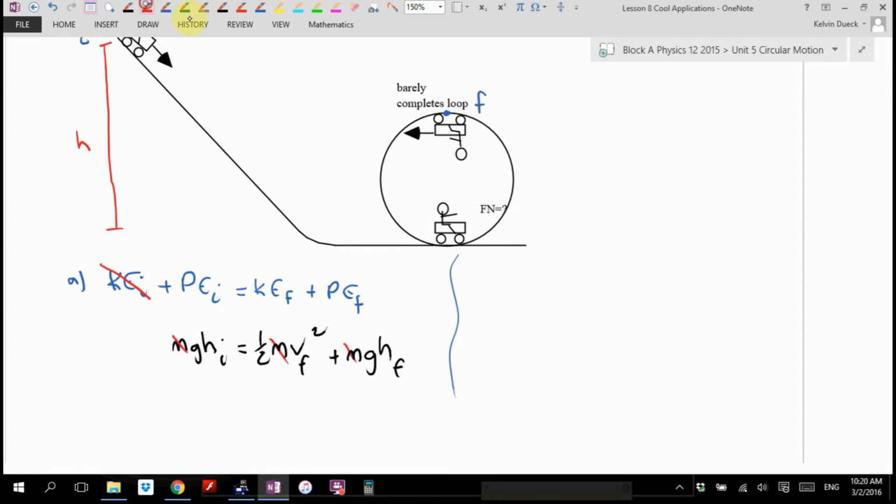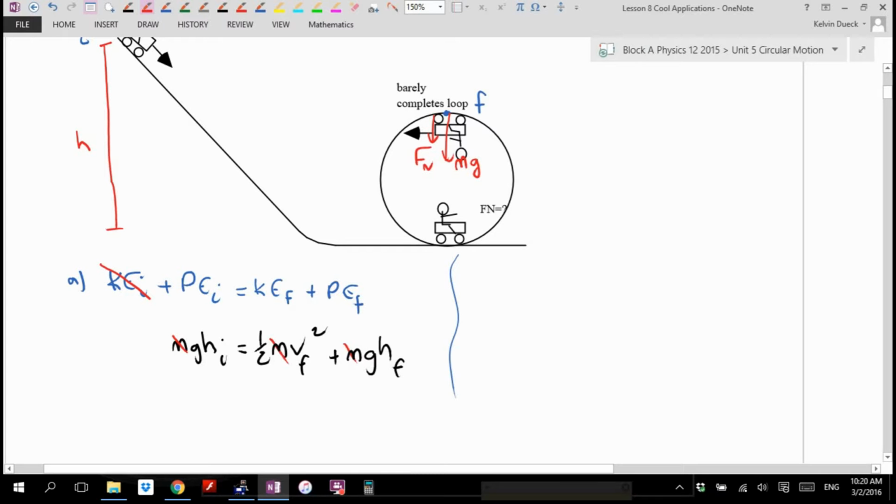At the top, what are the forces acting on this roller coaster? Get the obvious one. What else? Oh, and am I on the Earth? Yes. So I can use, thank God, mg. I don't have to use big G, big M, little m over r squared. What else? Normal force, which way? Which way is this person's head pointing? So normal force, also down.